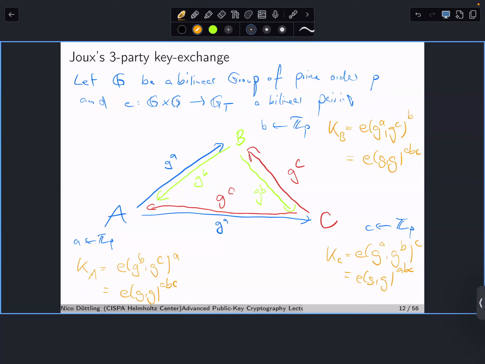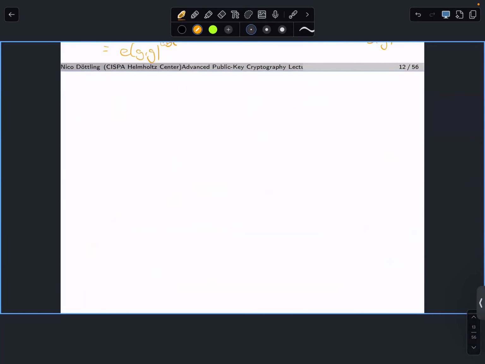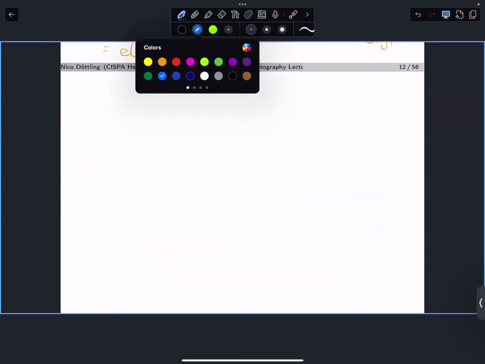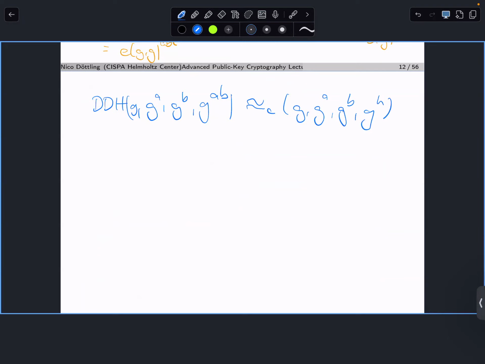So what does the DDH assumption say? Now let's use blue again. DDH says (G, G to the A, G to the B, G to the AB) is computationally indistinguishable from (G, G to the A, G to the B, and let's say G to the U), uniformly random G. Why?